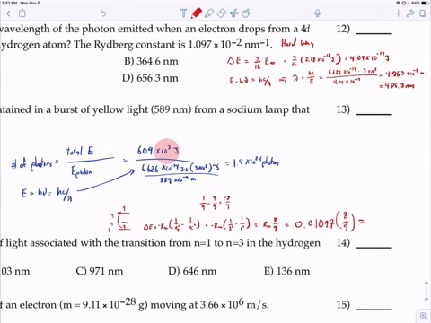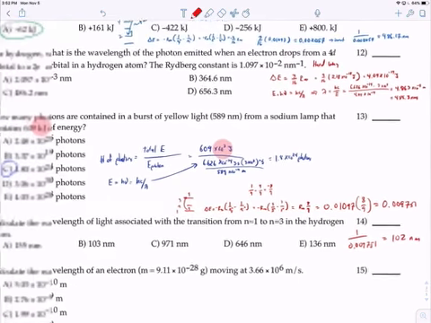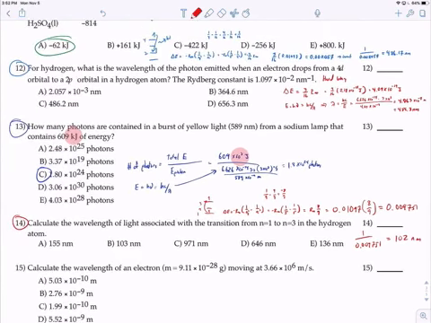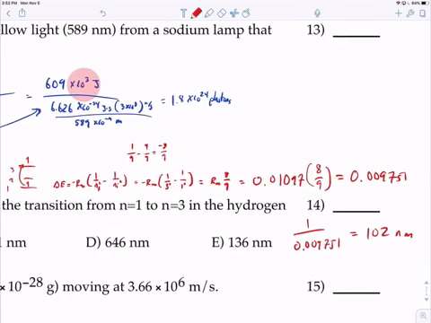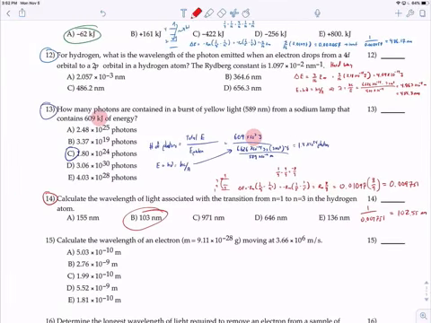So this equals 0.009751. 1 divided by 0.009751 is 102 nanometers. Well, 102.55. Which is that. Okay.